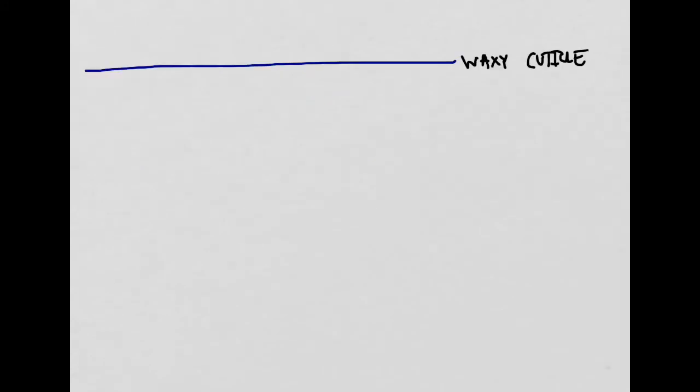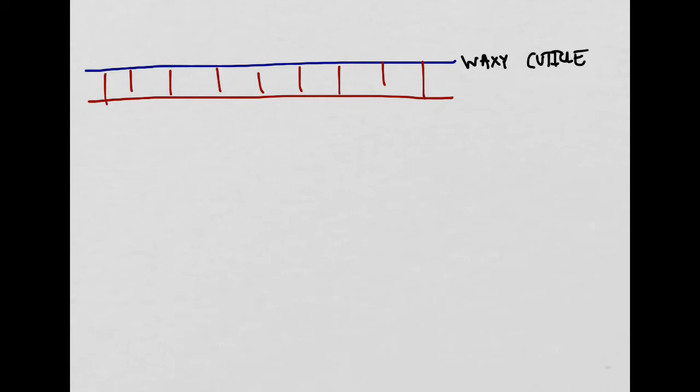So if we're looking at our cell, this is going to be our leaf. This waxy layer is on the top of the leaf right here, and this is called the waxy cuticle. And then right below the waxy cuticle is a thin layer of cells that are kind of box-shaped, like so. And this is the layer of cells that produces the waxy cuticle. It's called the upper epidermis.